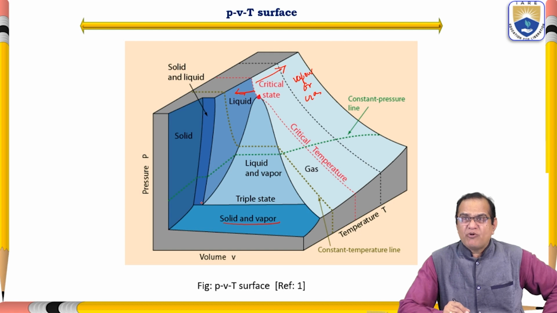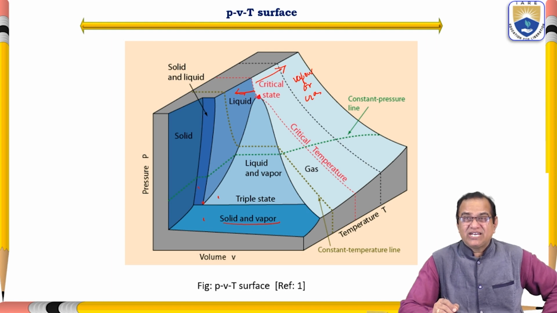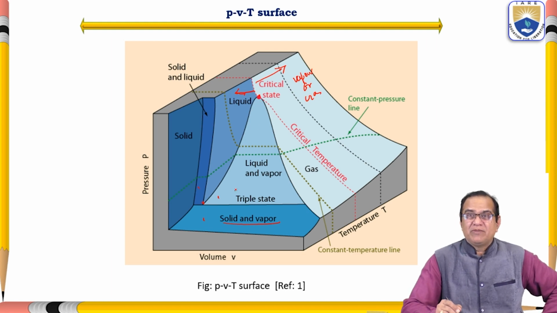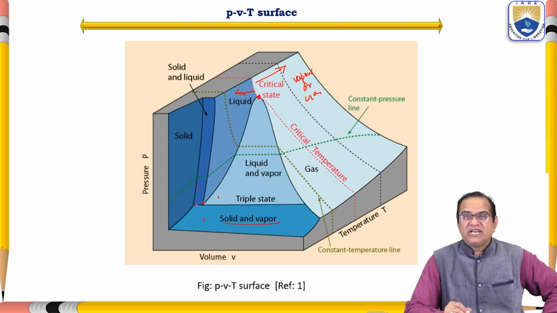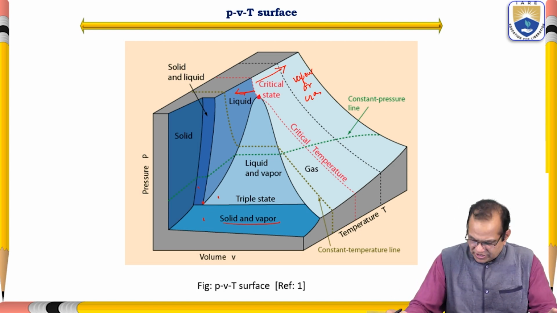Here we have the triple point. At this point you have the solid, the liquid, and the gas. So it is called the triple point state, and here it is called the critical state. At the critical state the temperature and pressure are high, but at the triple state it is a very low temperature. So for different materials you have different values.